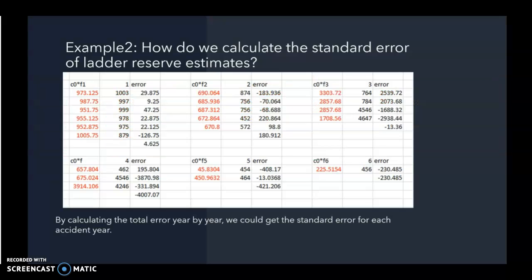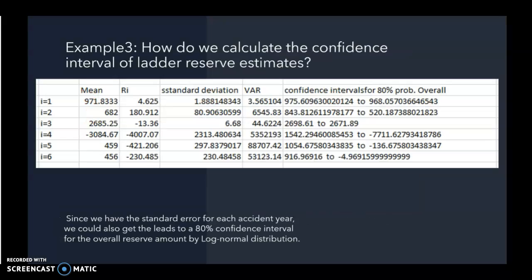By calculating the total error year by year, we can get the standard error for each accident year. And next, we will get the standard deviation and variance as well. Since the research indicates that this is not a normal distribution, we can get the confidence interval by the log normal distribution.